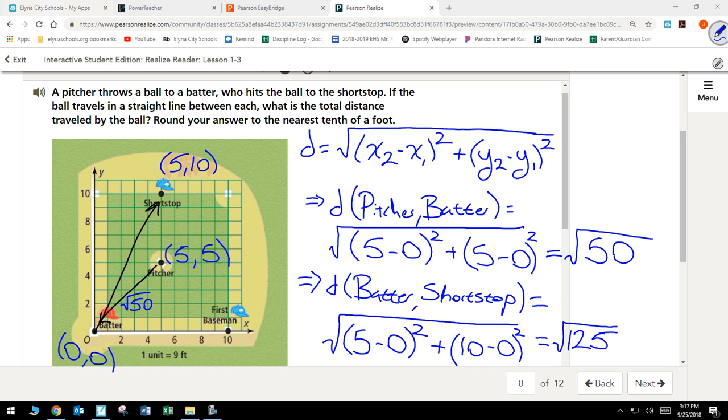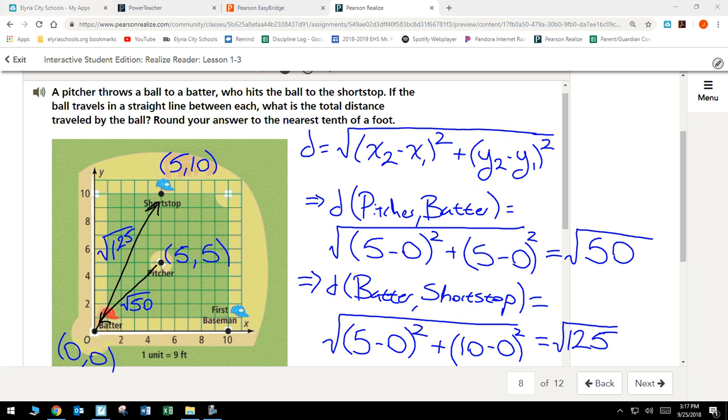Now, if that distance is the square root of 125, and my first distance was the square root of 50, in order to find the total distance traveled by the ball, I'm going to have to add those two values together.